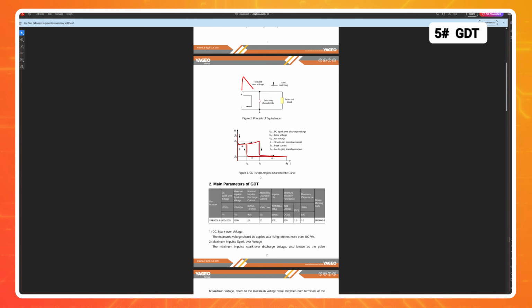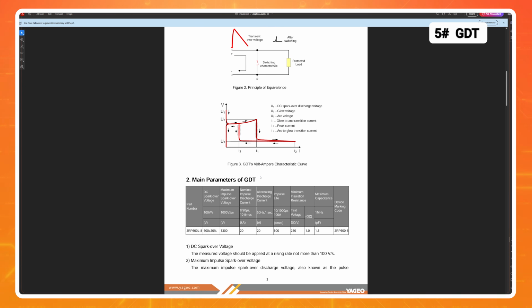And there is a really, really big gotcha with these parts, and that is what's called the follow current. It'll also be called the glow voltage, or the arc voltage, specified here by U3. What that shows is what happens when this element conducts. If there's a lightning strike, the voltage spikes up and it's now conducting.